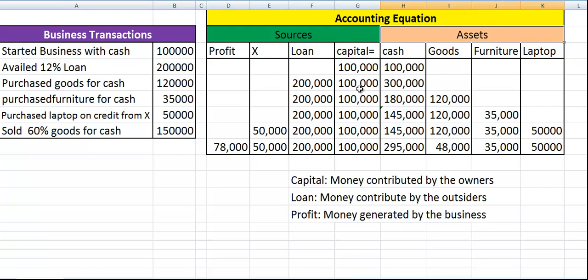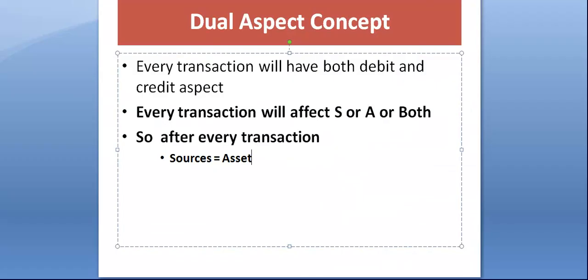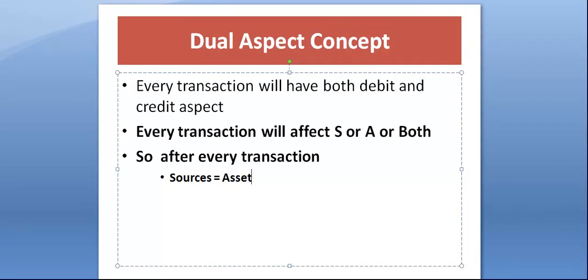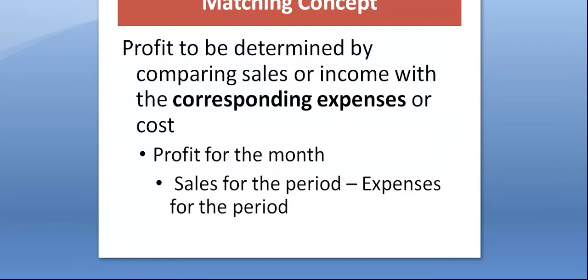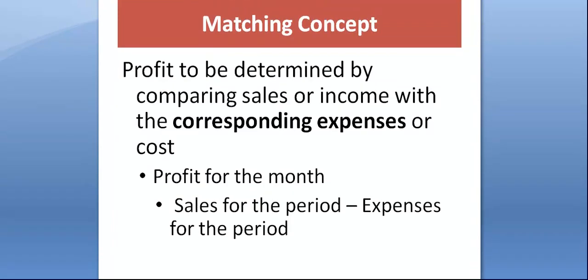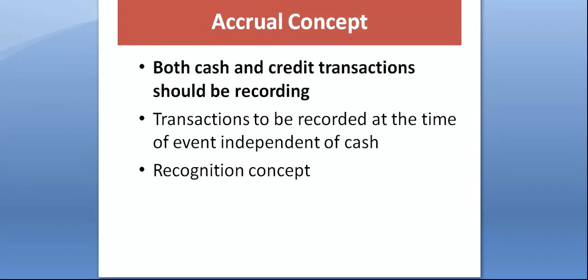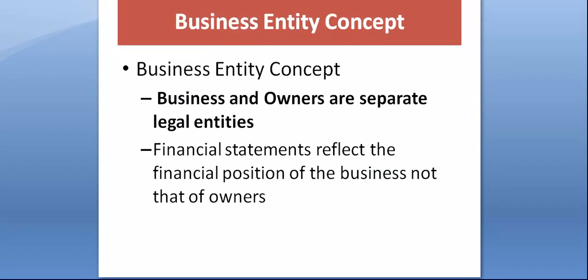But this process of converting the business transactions into the accounting equation is governed by the accounting concepts which we have seen: the dual aspect concept, the matching concept, the accrual concept, and the business entity concept.